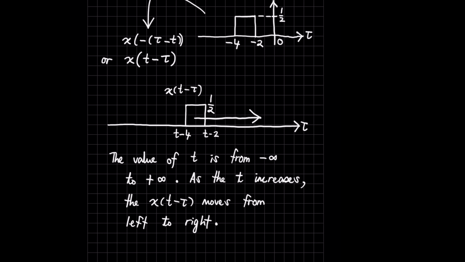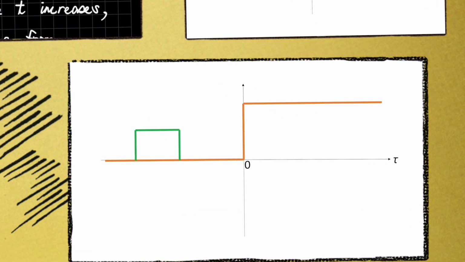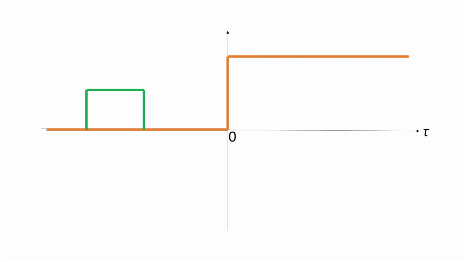The orange signal is h tau and the green signal is x t minus tau, and this animation shows that the x t minus tau shifts along the x-axis from minus infinity to infinity as the t value increases.